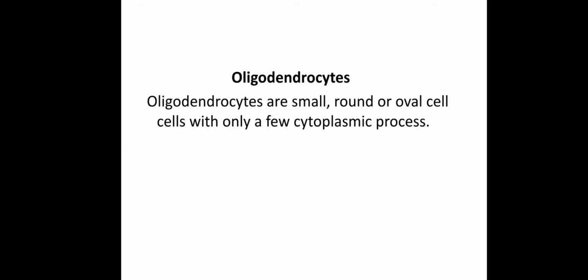Oligodendrocytes. Oligodendrocytes are small, round or oval cells with only a few cytoplasmic processes.